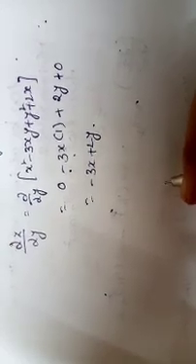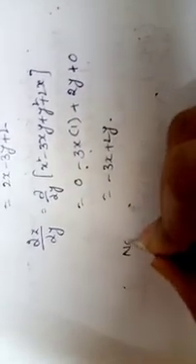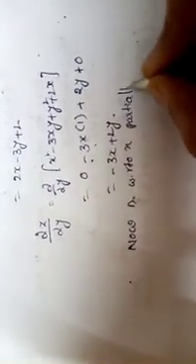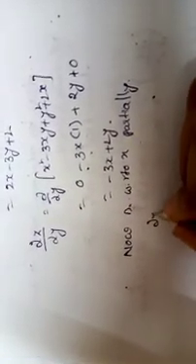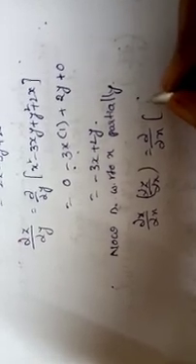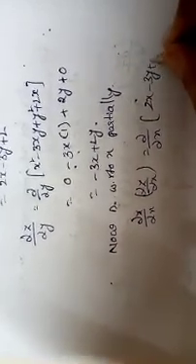So now we have to find out the value of r. Differentiating with respect to x partially, dou by dou x of dou z by dou x equals dou by dou x of 2x minus 3y plus 2.